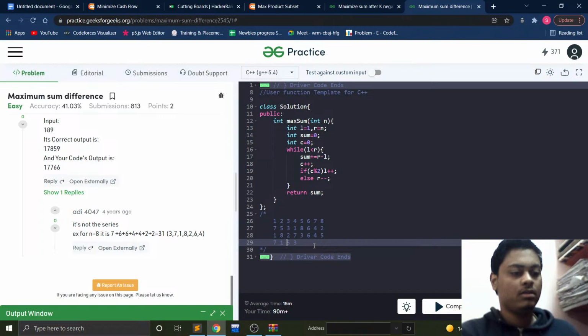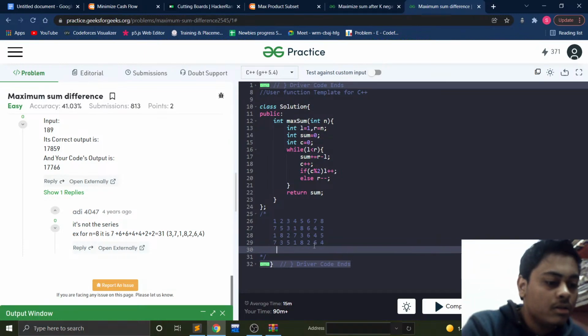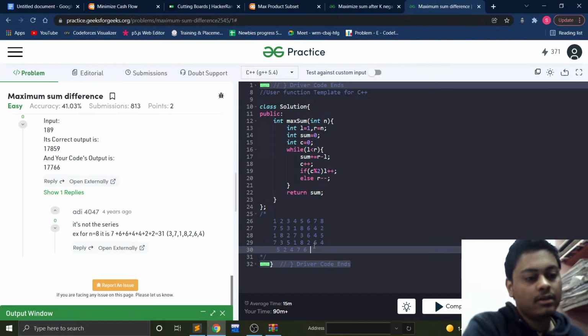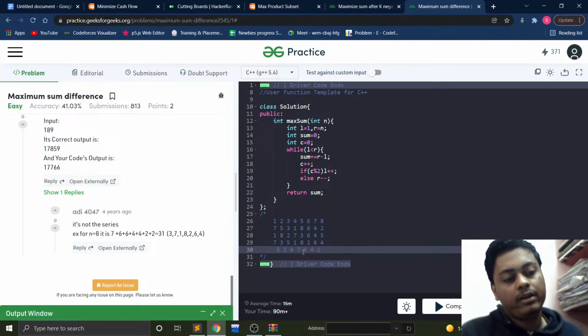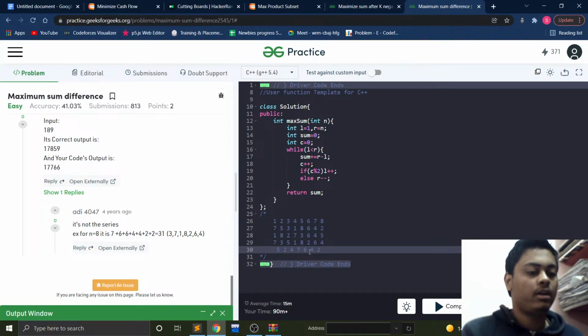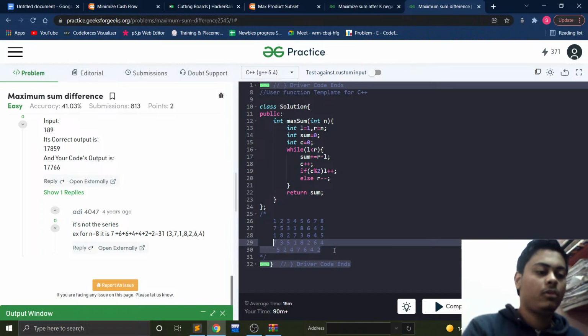If I exchange 3, 5, 1, then 8, 2, 6, 4. Here I got 5, here I get 2, here I get 4, here I get 7, here I get 6, here I get 4, and here I get 2. Summation is 12, 19, 21, 30, not 31. Not the correct.